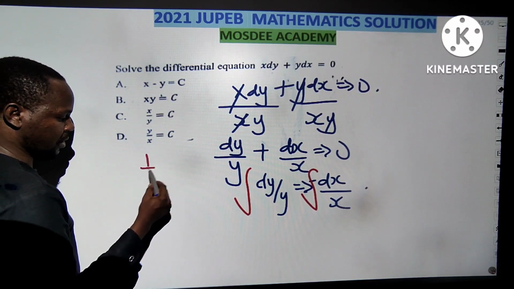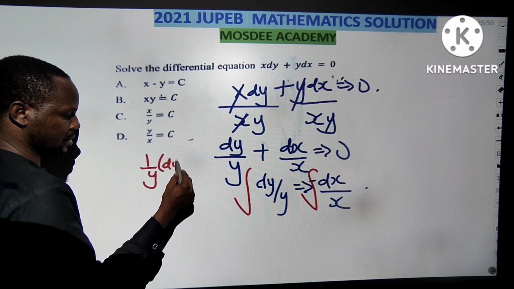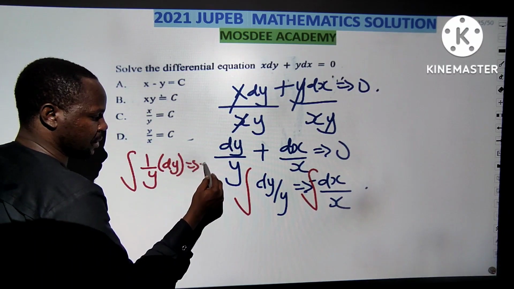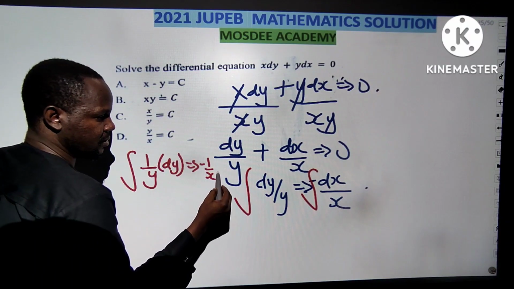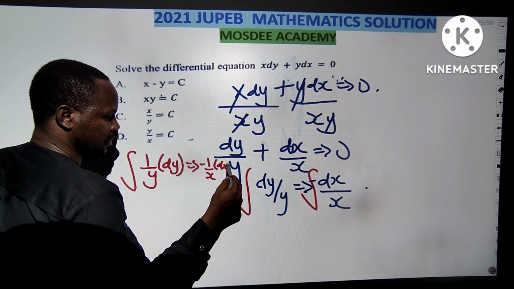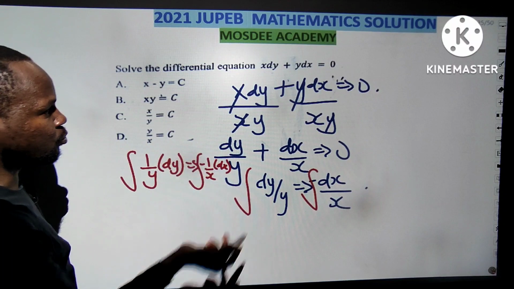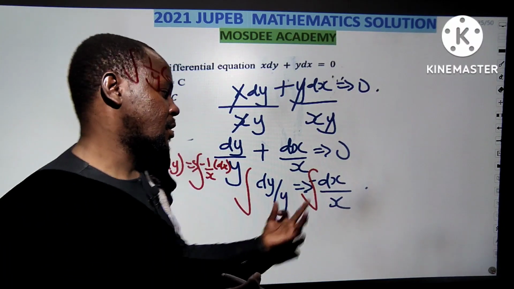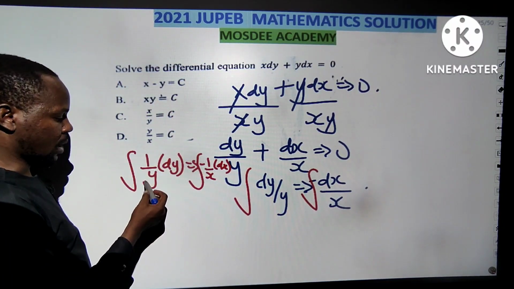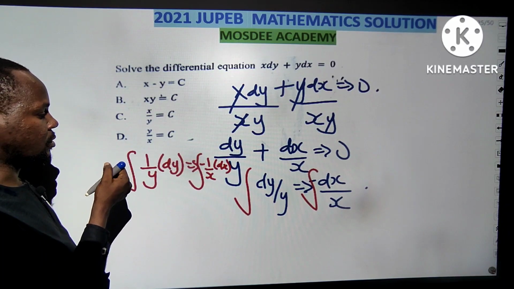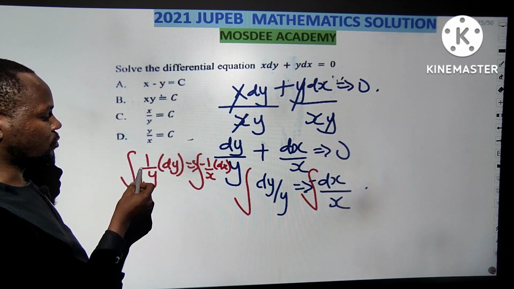This is like saying integral of 1 over y dy equals to, this is like saying, integral of minus 1 over x dx. I hope you can see, you integrate this side before you move, so that it will make more sense. 1 over y is ln y. Hope you guys know ln y, whatever you call it. It depends on what you want to do. This is ln y.